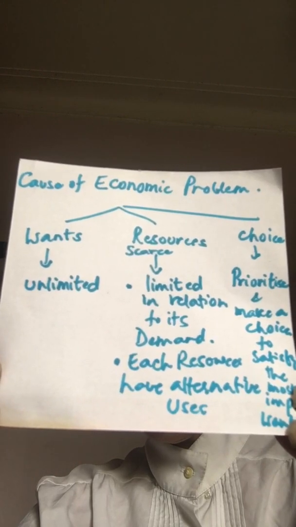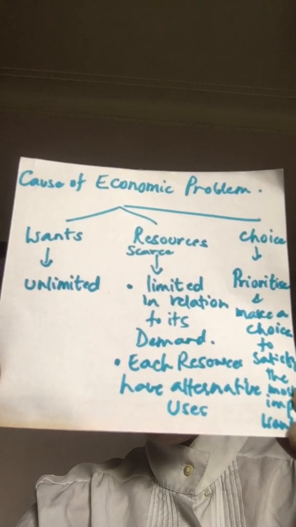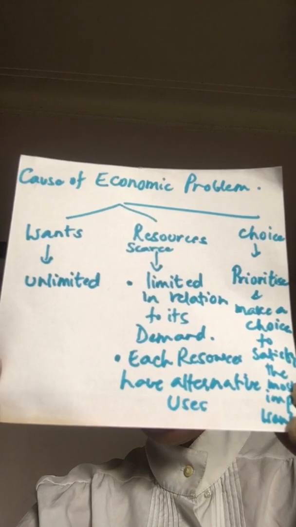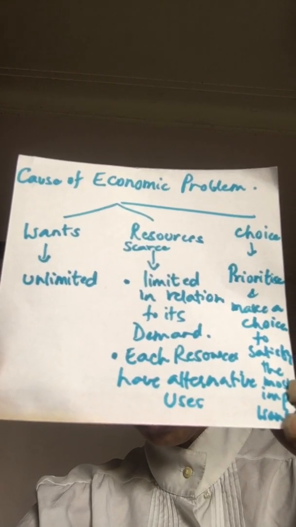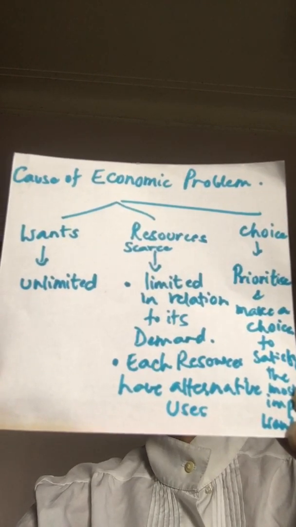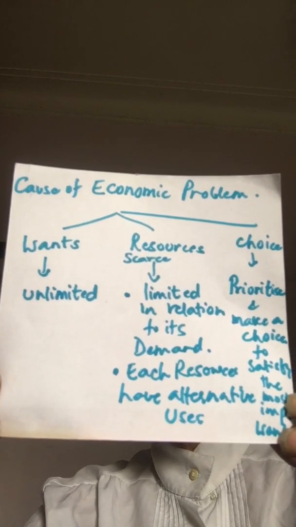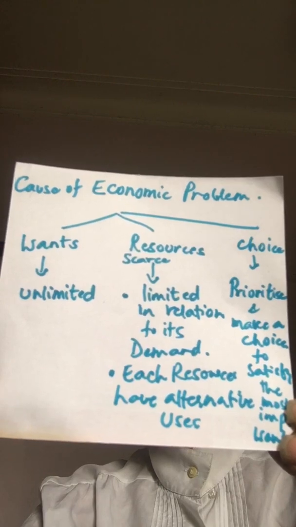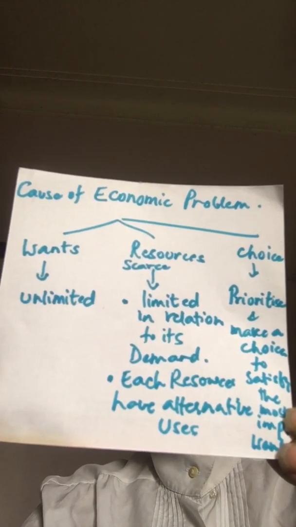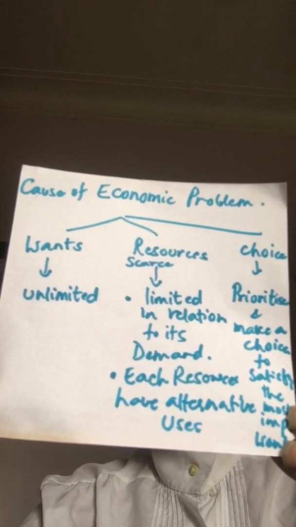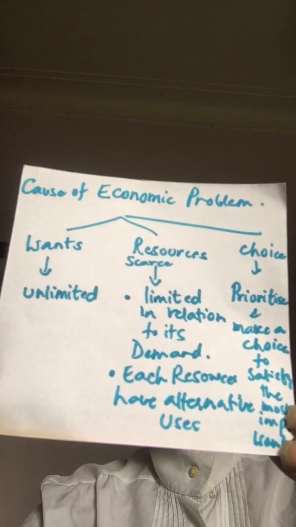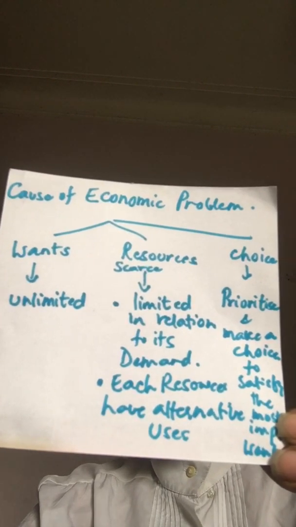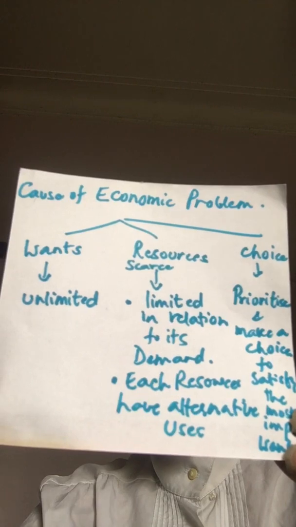Land, labor, capital, and enterprise. So all the time we have to make choices. Like for example, in our economy, we have more of labor. So we have to decide on what sort of technique of production to take up, so that our labor resource doesn't go waste. So you have to make the best choice.